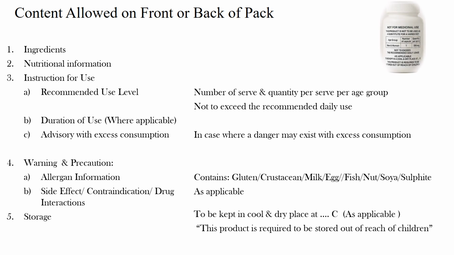The remaining information which are required on the front or the back of the pack are cautions or declaration. The regulations say every nutraceutical and related product must prominently display the statement not for medicinal use in bold and capital letter on the label unless specifically exempted under these regulations.